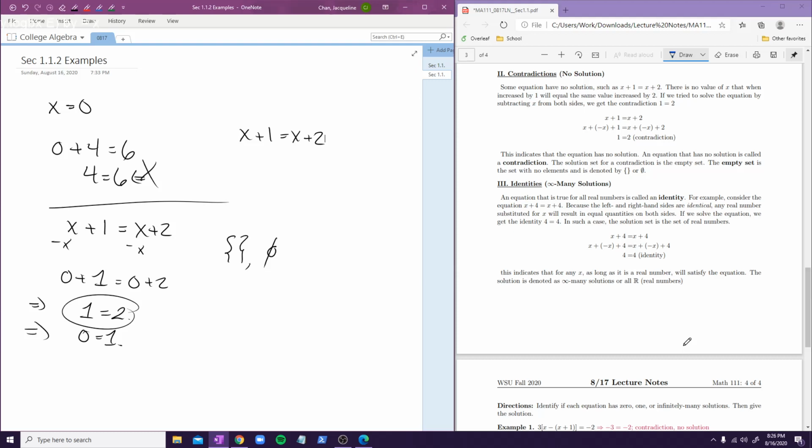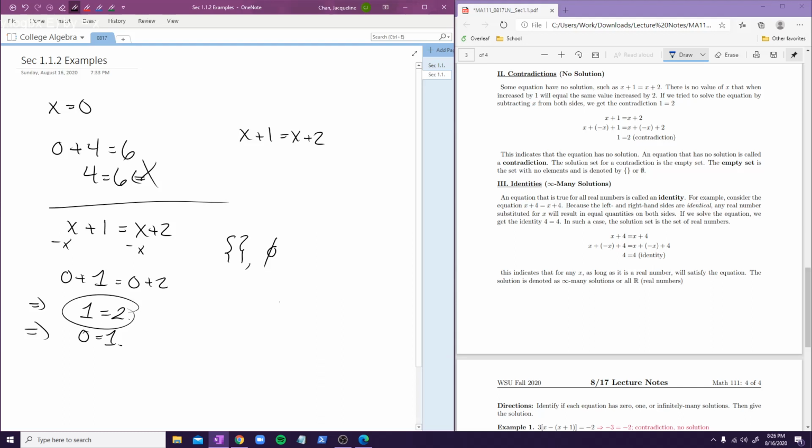They're obviously the same. The left and right-hand sides are identical, so any real number that you substitute for x will result in equal quantities on both sides. When you solve x plus 4 is equal to x plus 4, you'll get 4 is equal to 4. That's an identity.